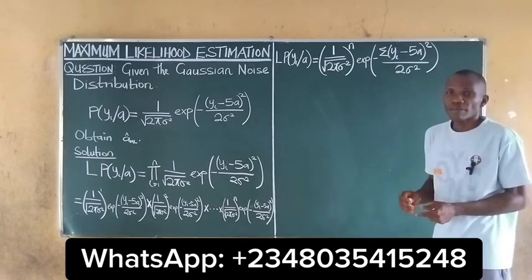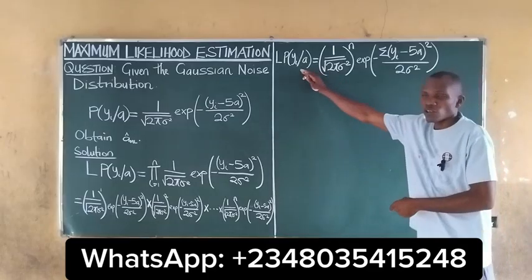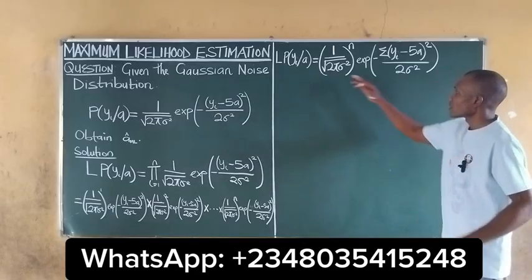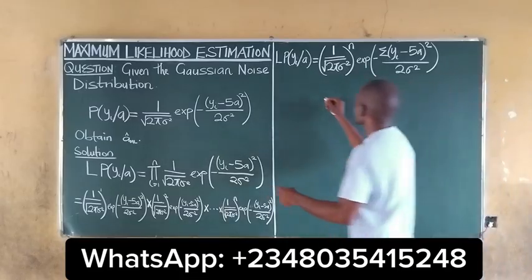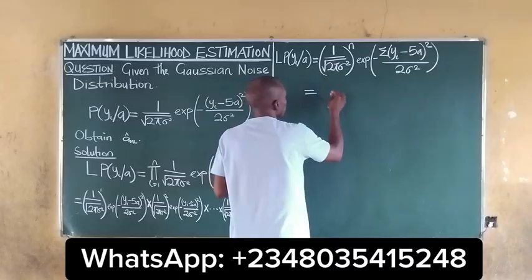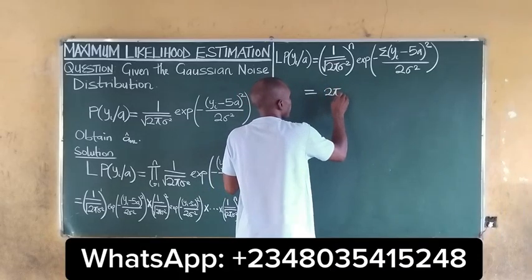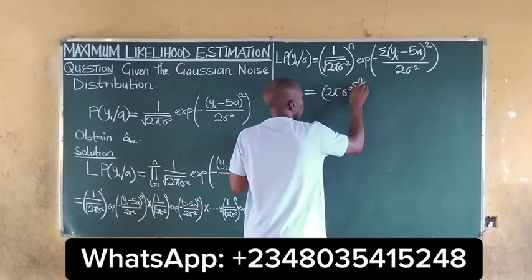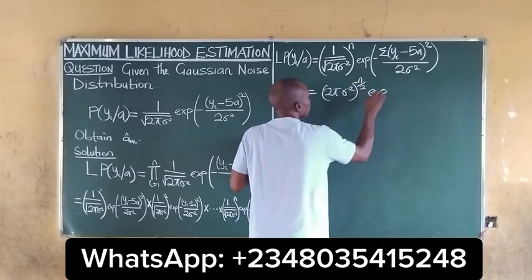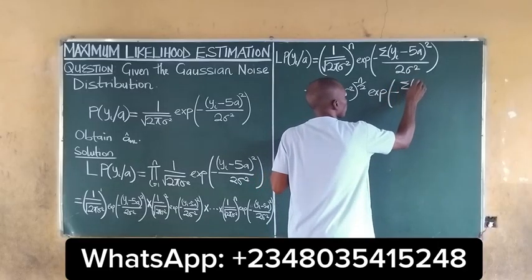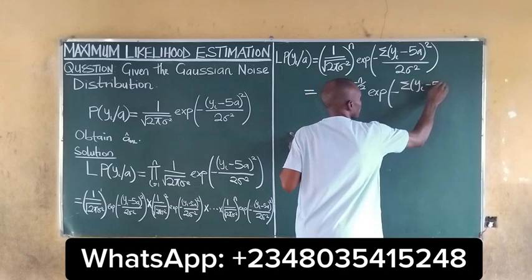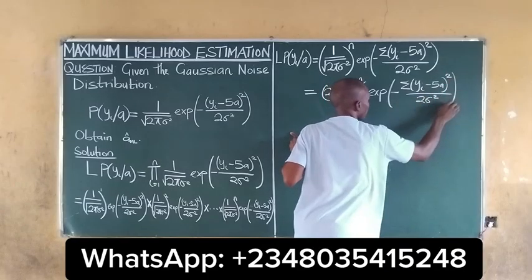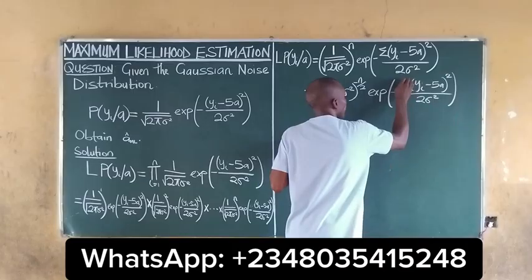The next thing to do is to take the log of this function. But before taking the log, the next thing to do is to rearrange the whole of this well. If we rearrange this, we get 2 pi sigma squared raised to the power of negative n all over 2, exponential summation of yi minus 5a raised to the power of 2 all over 2 sigma squared, I running from 1 to n.